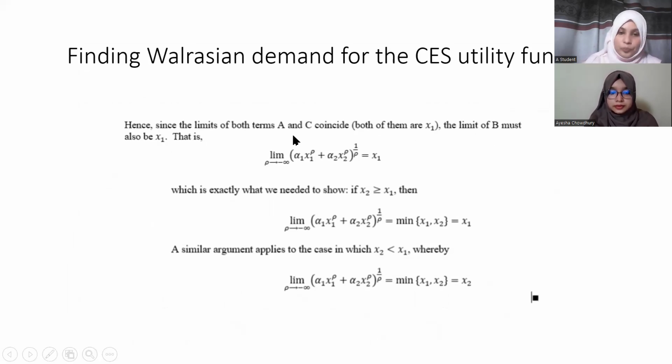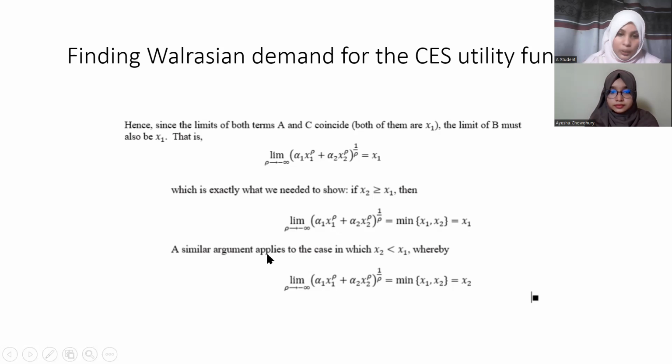That is, we can see in this equation that the limit of B is also x1, which is exactly what we needed to show: if x2 is more preferable or equal to x1, then the limit of (alpha 1 x1 to the power rho plus alpha 2 x2 to the power rho) whole to the power 1 by rho equals the minimum of x1 and x2, which equals x1.